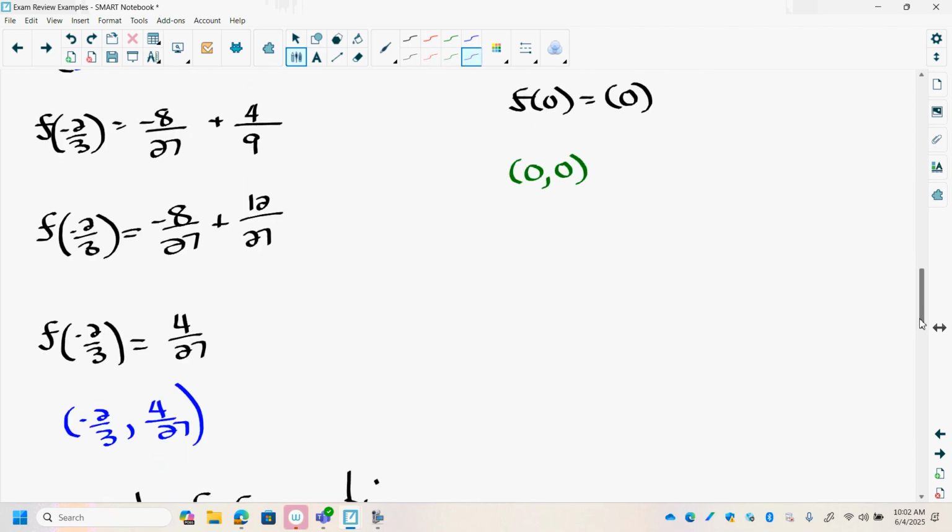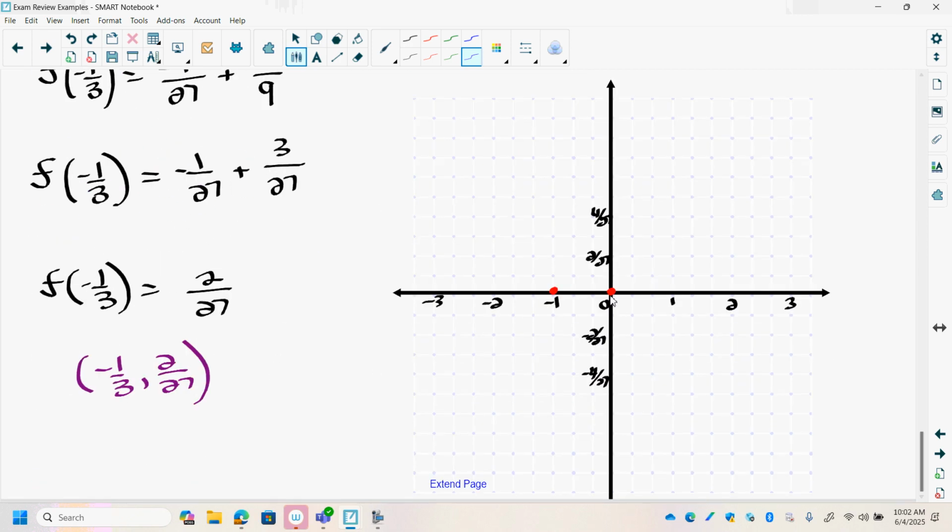So to get to negative 2/3, let's plot this blue point. That means I'm going to go 2/3 to the left and up 4/27. Oh, 4/27 for the maximum, right? The minimum was 0, 0. What other point did I have?